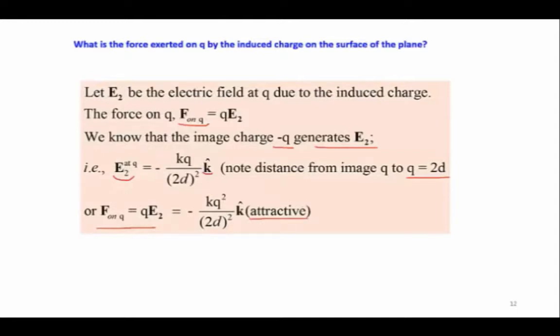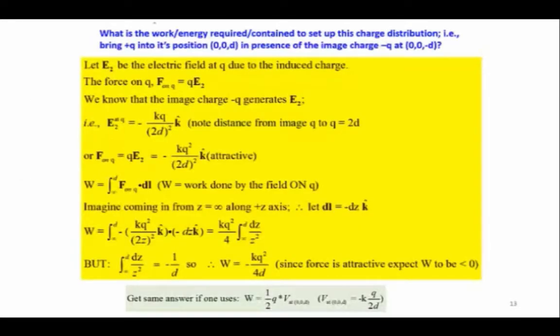So any charge in the vicinity of a grounded conductor will be attracted towards that conductor due to the induced charge on the surface of the conductor. So what is the work or energy required to set up this charge distribution? In other words, we want to bring in plus q into its position (0, 0, d), so we're along the axis at z equals d, in the presence of the image charge.